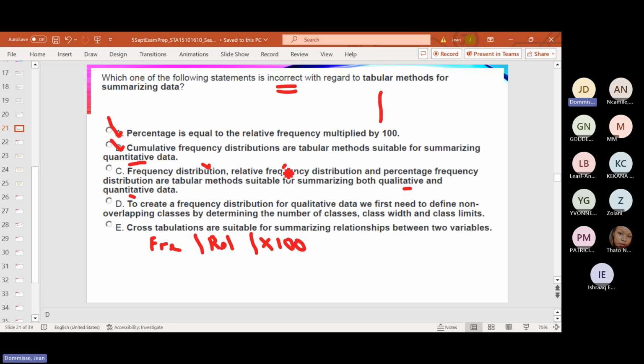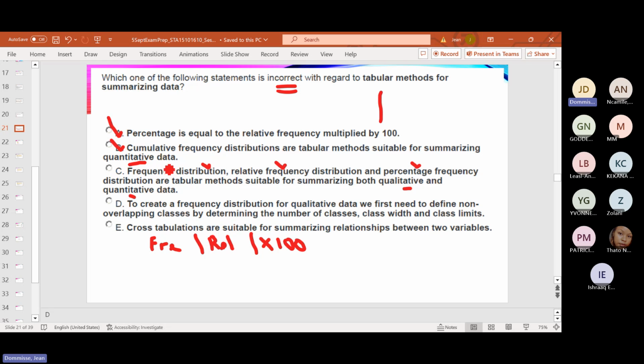We have the relative frequencies, so we can say the decimal of how many is in Gauteng versus Western Cape. And then we have a percentage to say 30% is in Cape, 60% Gauteng.